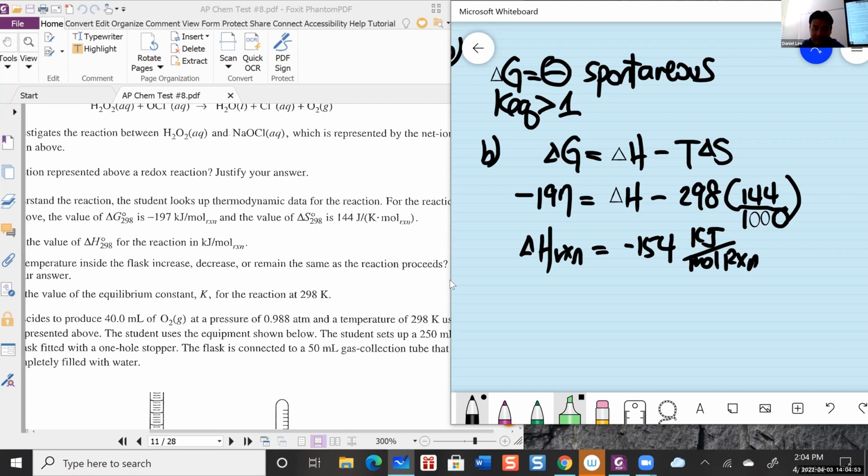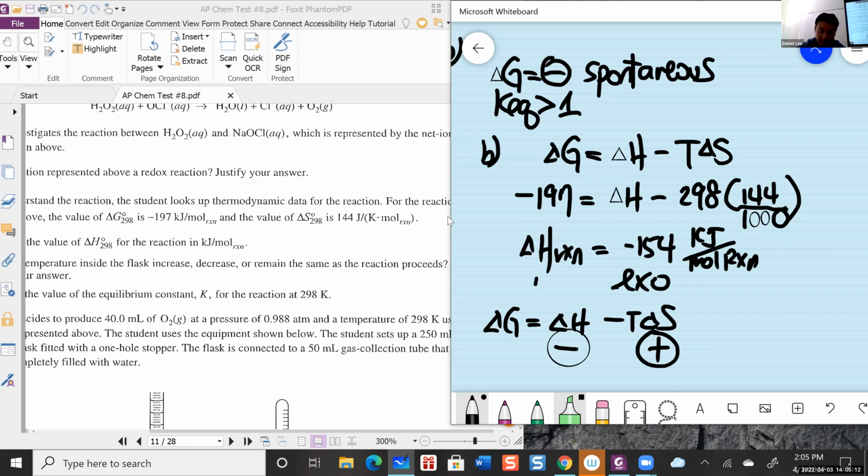So this means that I have an exothermic reaction that produces heat, and that produces more disorder because S is positive. So I have scenario number 1. I have an exothermic reaction that produces more disorder. So this is always spontaneous, regardless of the temperature. Yeah. So an exothermic reaction that produces more disorder, 2 driving forces, both making G negative, is always spontaneous.